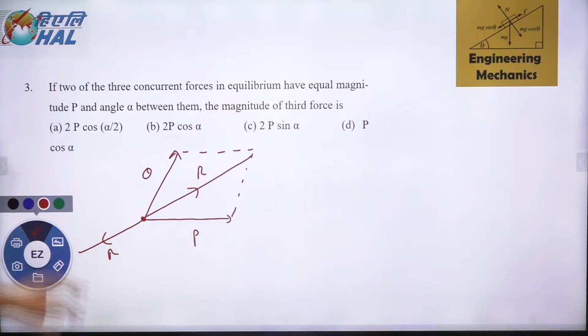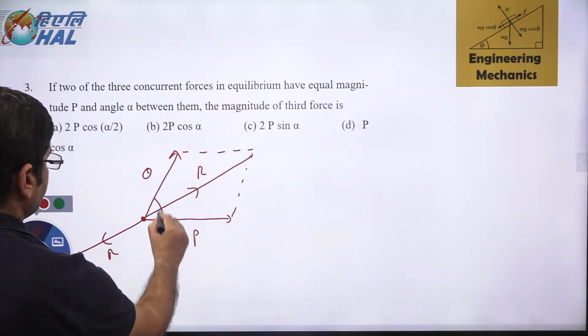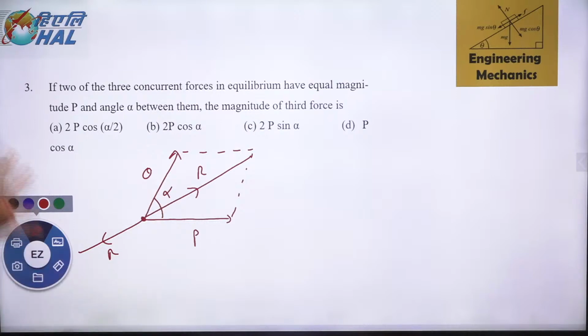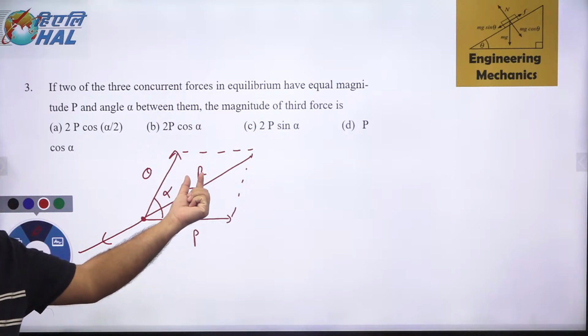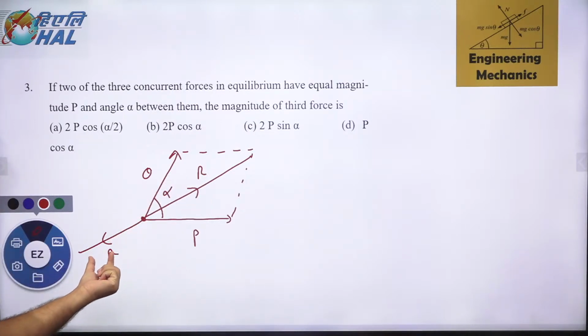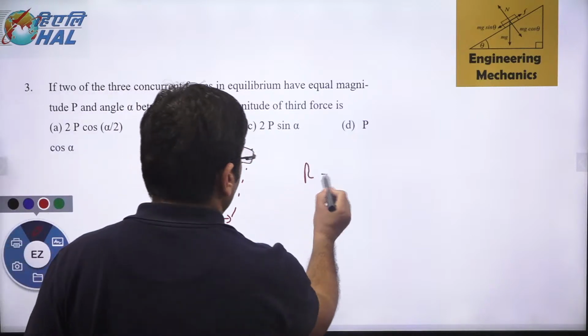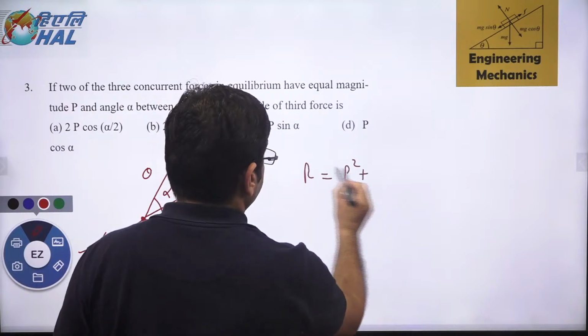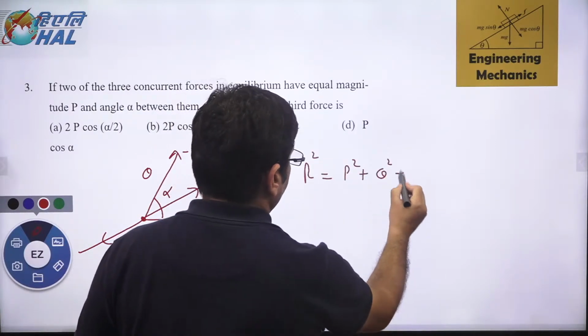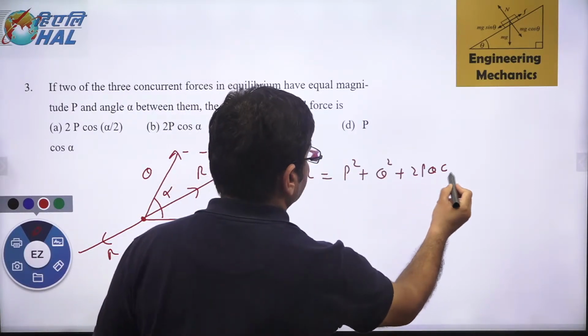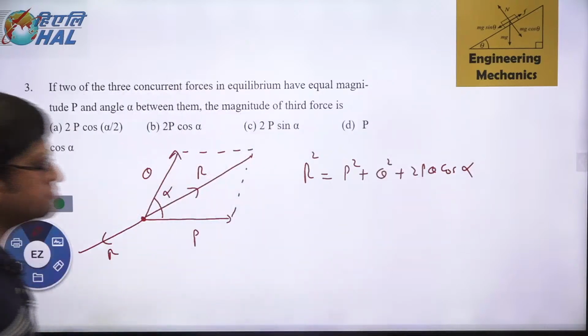So if the two forces P and Q, which have an angle alpha between them, have a resultant R equal to the third force, then the body will be in equilibrium. So basically, how do you calculate R? R is the square root of P square plus Q square plus 2PQ cos alpha. Right?